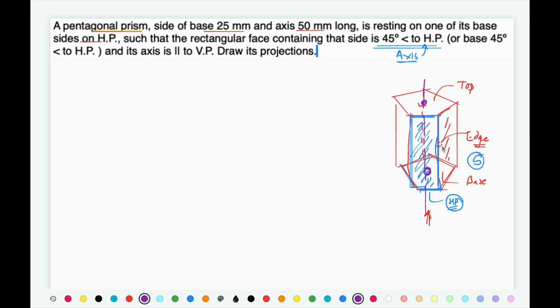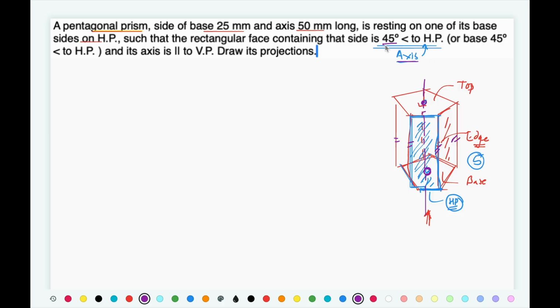So this center line is going to be parallel to all the edges of the solid, and by default it will be parallel to all the rectangular faces also. So if one of the faces is making 45 degree to HP, it means its axis is also going to make the same inclination, 45 degree, with HP.